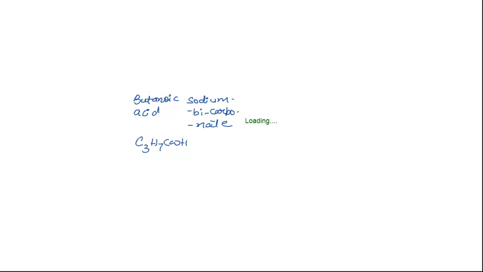C3H7COOH, it would be butanoic acid, right? Now this is reacting with sodium bicarbonate, that is NaHCO3. And what is the product we are getting here? We will be getting C3H7COONa plus carbon dioxide plus H2O.